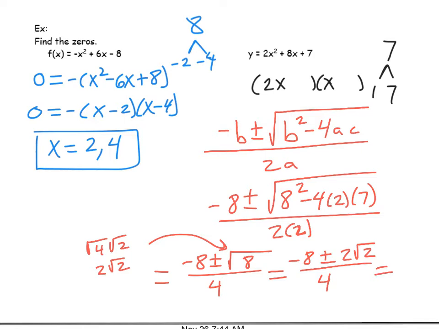And that looks great too, except, wait a minute. They all have a factor of 2, so that could become a 1. That could become a 2. That could become a negative 4. And there you go, negative 4 plus or minus square root 2 over 2.